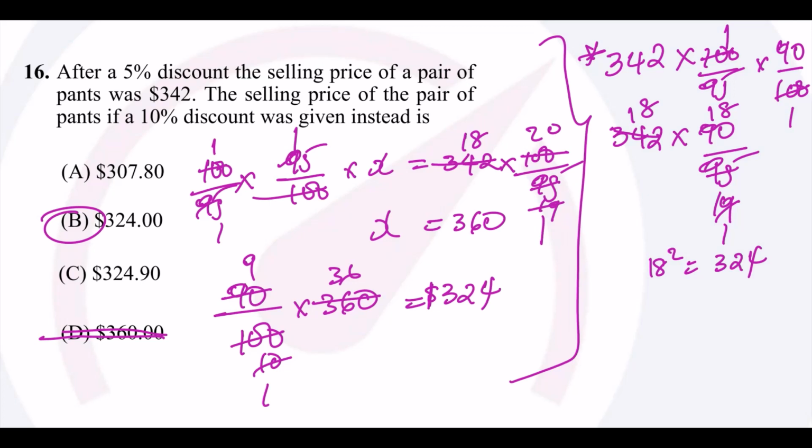So you go with what method works best for you. For me, it's easier to find the original number and then go ahead and find the 10% discount.